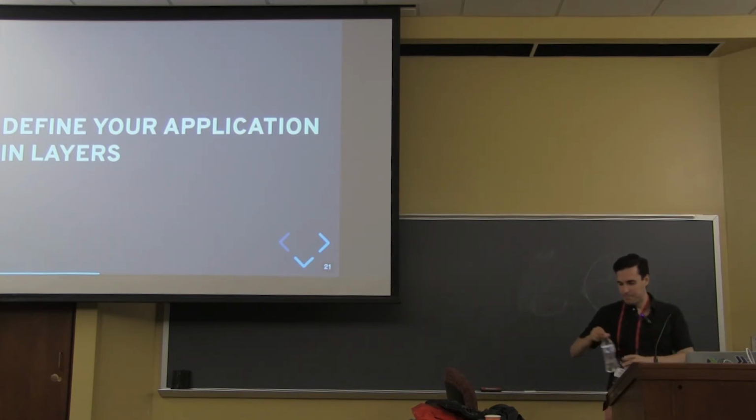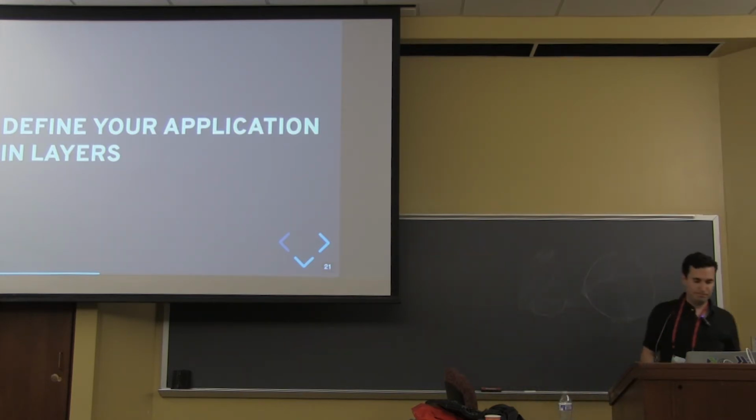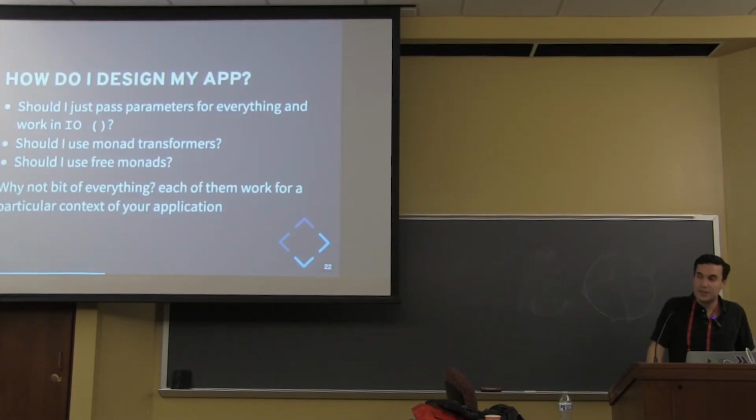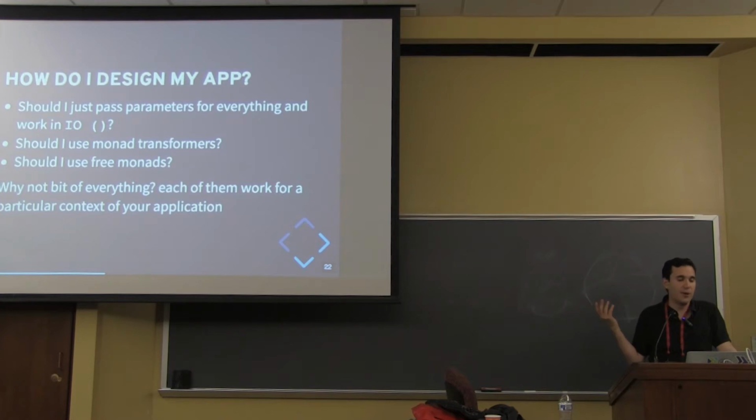there's this pretty amazing blog post about defining your application layers that specifies how you want to develop your applications using different strategies to run applications, right? So there's always questions around how should I run my program? Should I have everything running in IO and pass parameters everywhere?